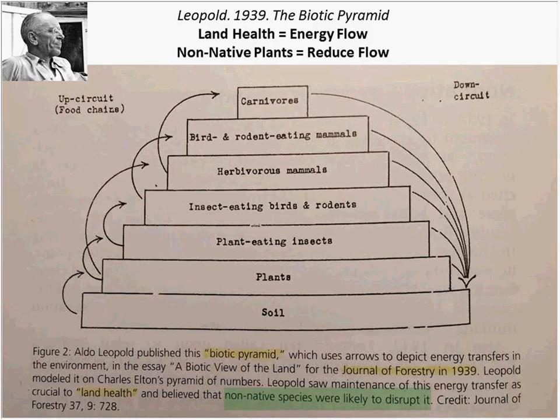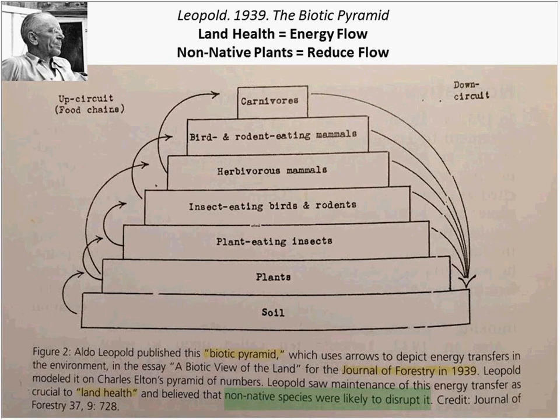So later, Aldo Leopold put this hypothesis forward, which is probably the first example I know of explicitly stating in the literature that shifting native plants to non-native plants could disrupt the flow of energy. You'll see that right at the bottom there, highlighted in green.